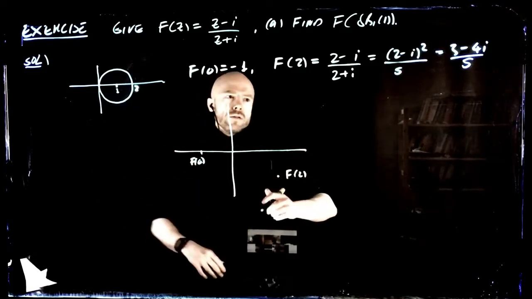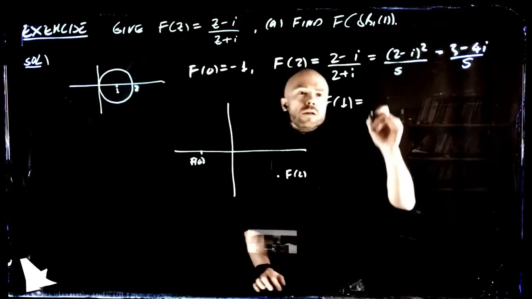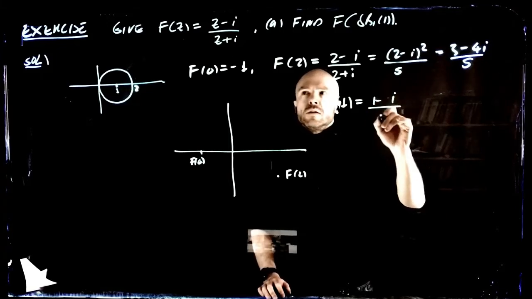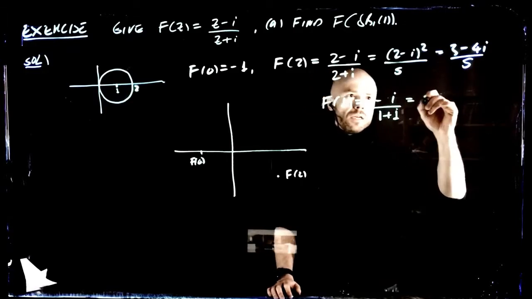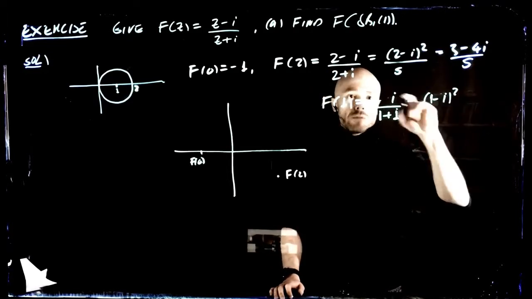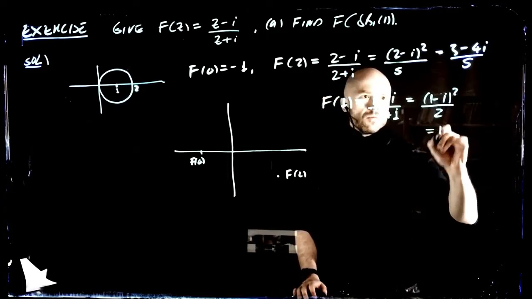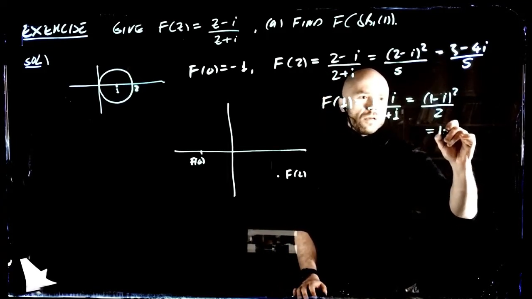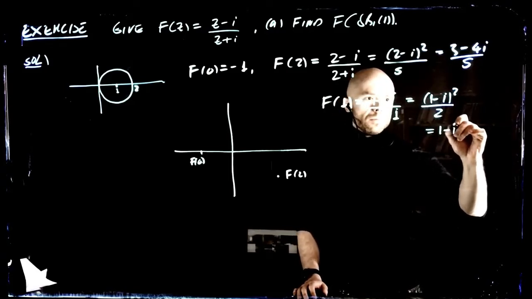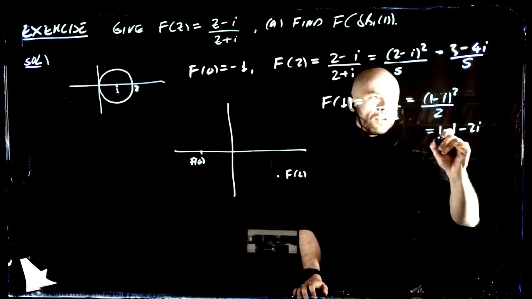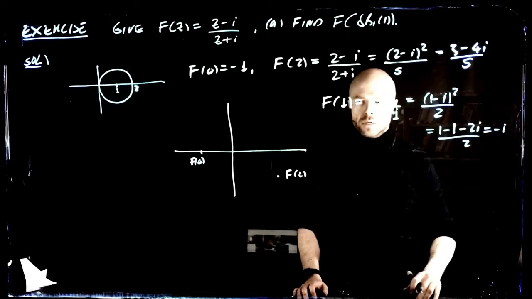So f of 1 is 1 minus I over 1 plus I, right? And that's the same as 1 minus I squared over 2, which is the same as 1 minus 2I minus 1 over 2, so that's minus I. Yeah?